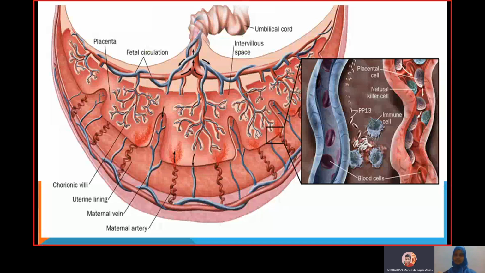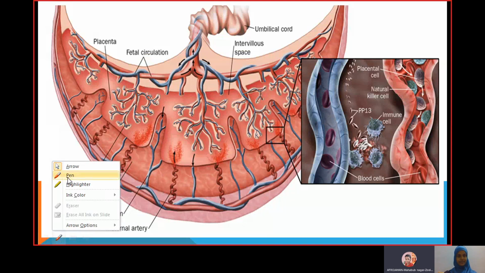This is the structure of the placenta. Do you know what is placenta? Just now we discussed, it supplies food material.